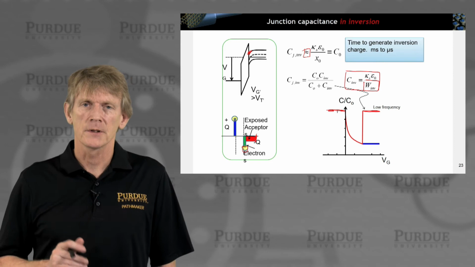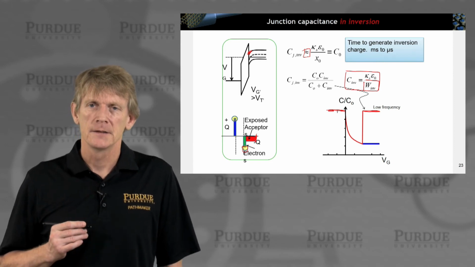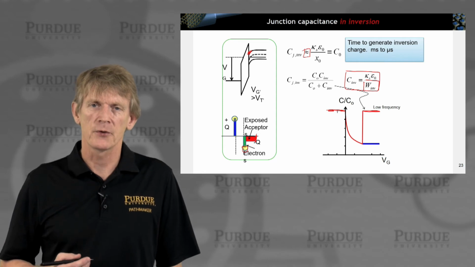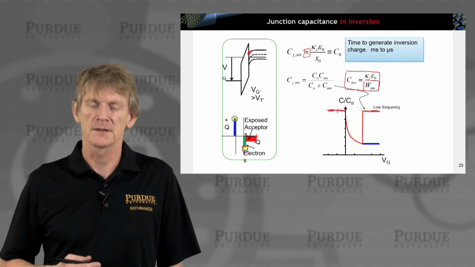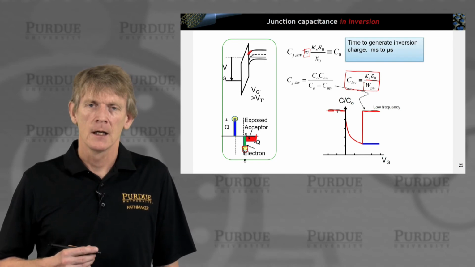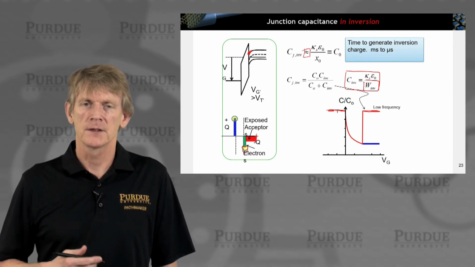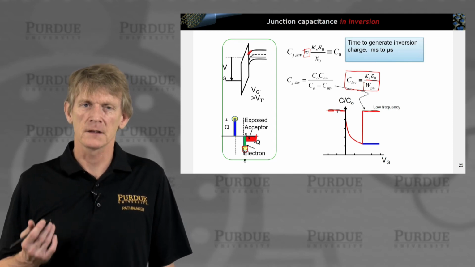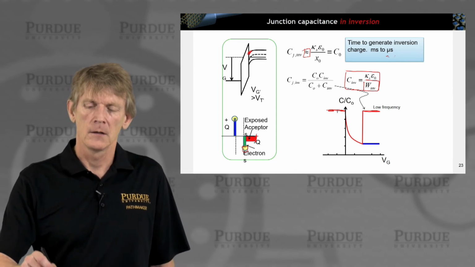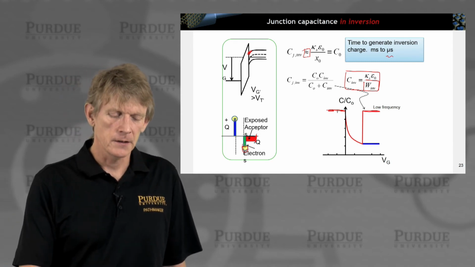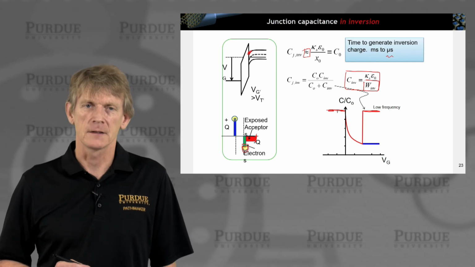Okay. Now, keep in mind again that the time it takes to generate carriers through traps is of the order of milliseconds to microseconds. Okay, so if you're operating the system in times faster than that, if you're operating faster than megahertz for the microsecond piece, then you cannot generate all these electrons here fast enough.